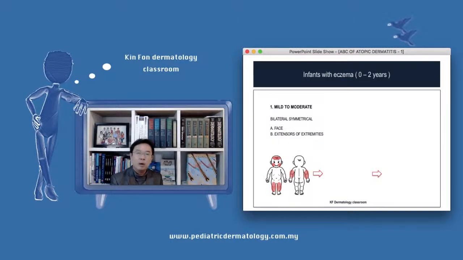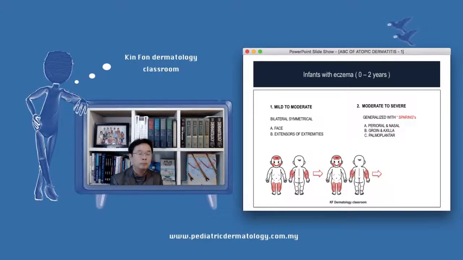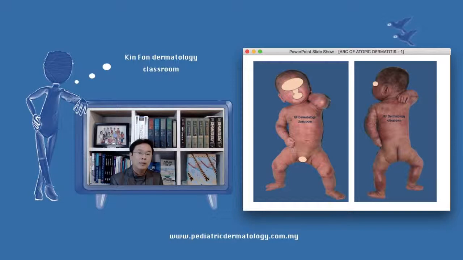Of course, in about 5 to 10% of patients, the eczema over time becomes more severe and starts to affect other parts of the body. But what was noticed in these 500 cases, even among the top 0.5% of patients with severe atopic eczema, they have the tendency to spare the perinasal, perioral, the axilla, the groin, and areas with thick skin, which is the palmar plantar area.